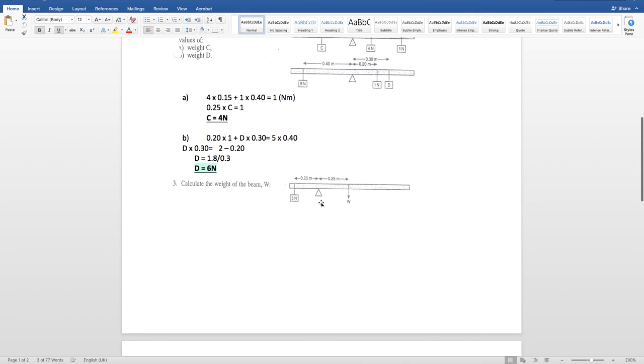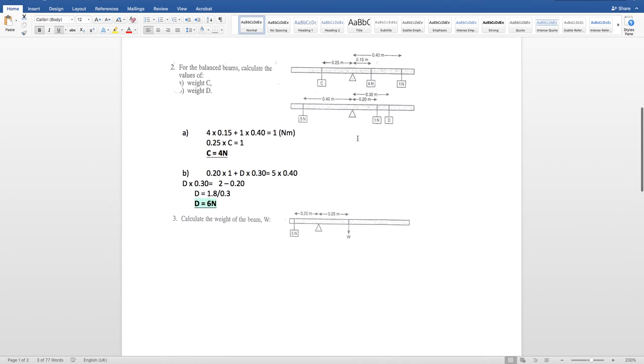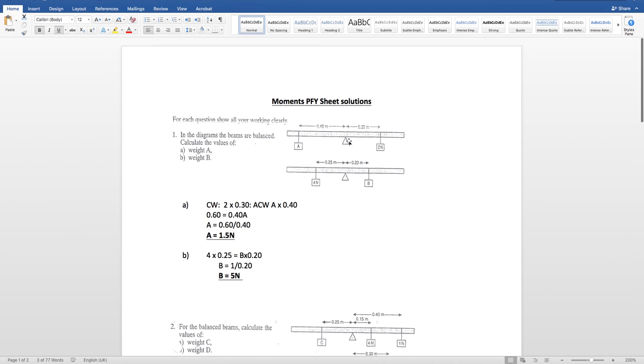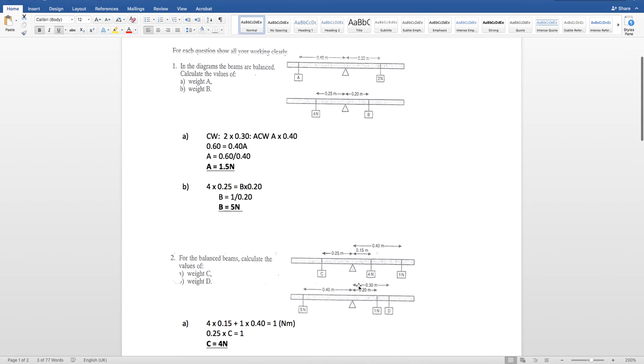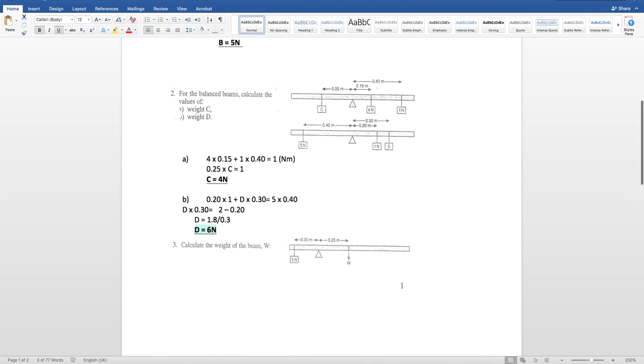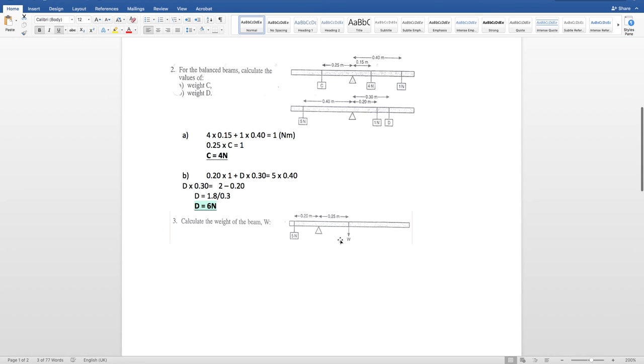Question 3. Well, here, unlike the other ones, every example you've got here, the pivot looks like it's in the middle. Here, the pivot clearly isn't in the middle, and so the weight, which acts at the center of mass or center of gravity of something that's regular shaped like this, will be in the middle.